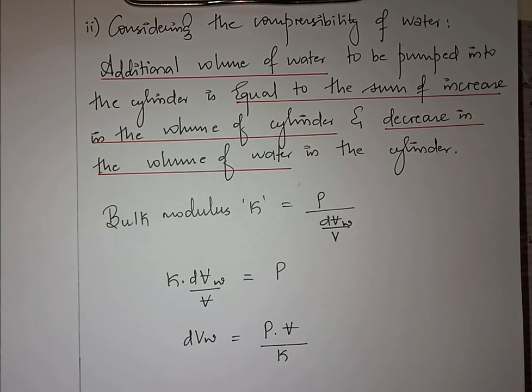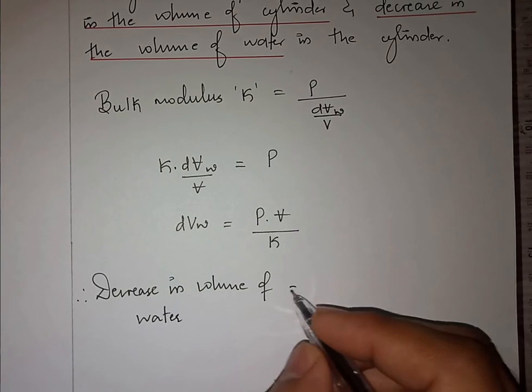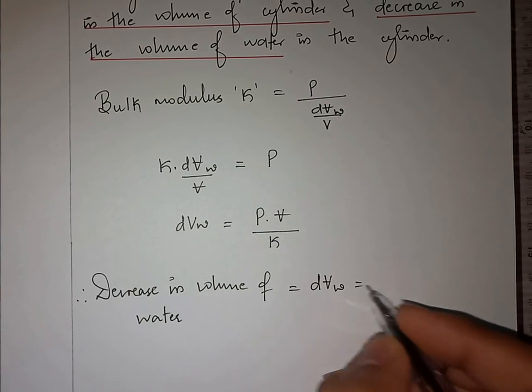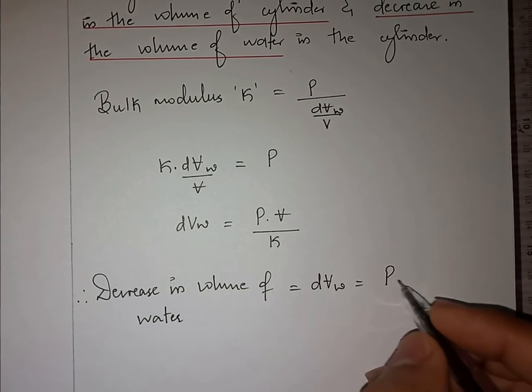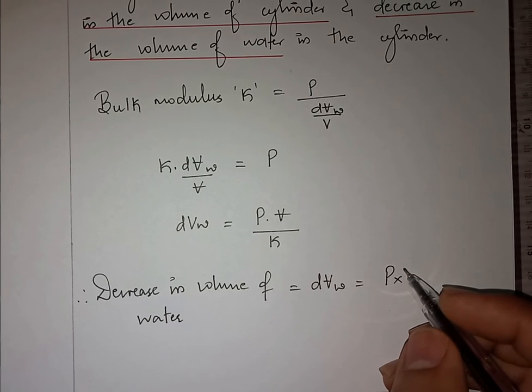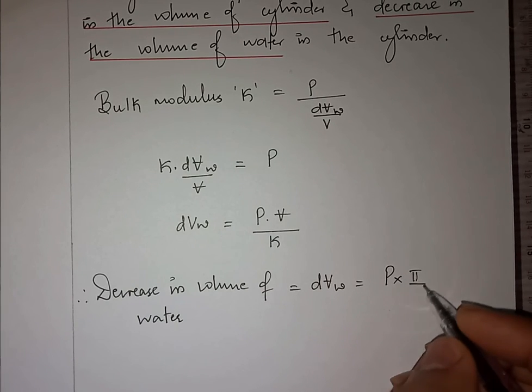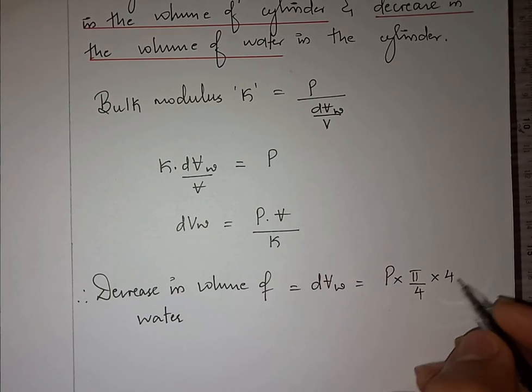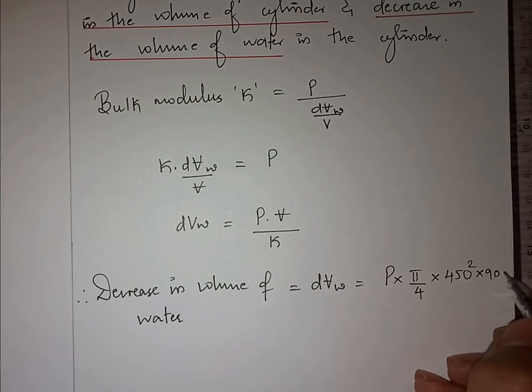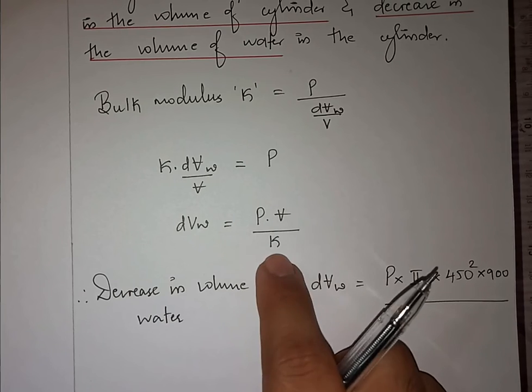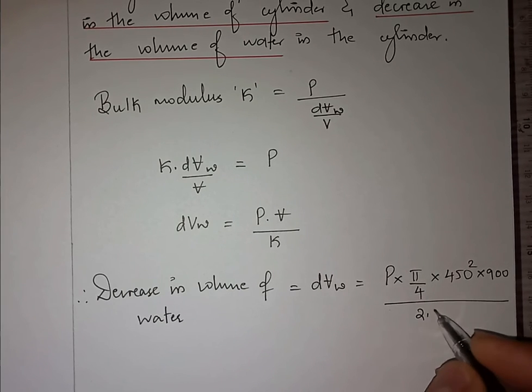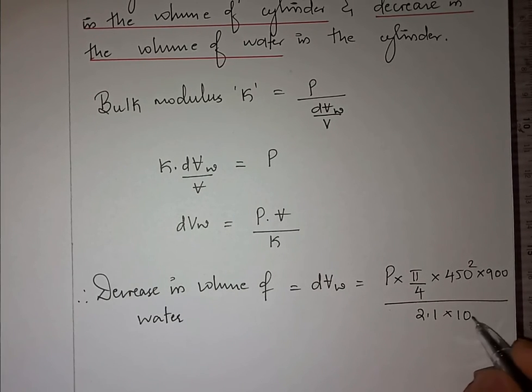So therefore, the decrease in volume of water, dVW, is given by P, which is unknown, into V, which is pi by 4 into d square into L, divided by K, which is given in the problem as 2.1 into 10 raised to 3.